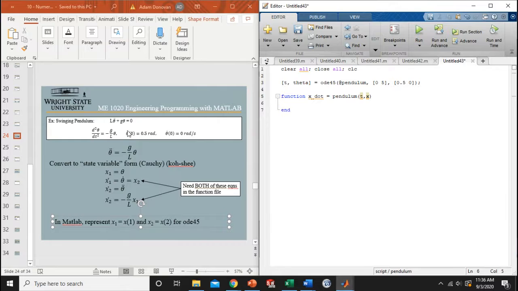And so I need to define g and L. These are just some numbers. G is going to be equal to 9.81, the gravity constant. Then L is just going to be equal to 1. The length of my pendulum is 1. Okay, so now I go in and actually plug in these equations.